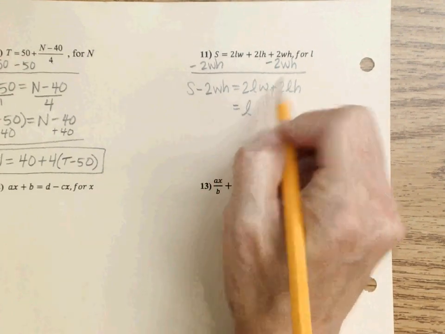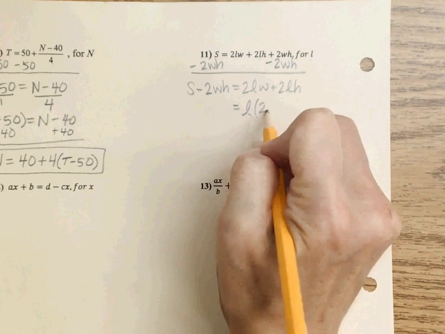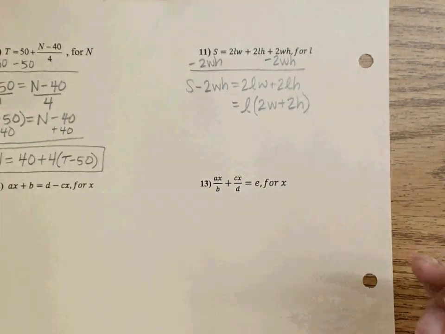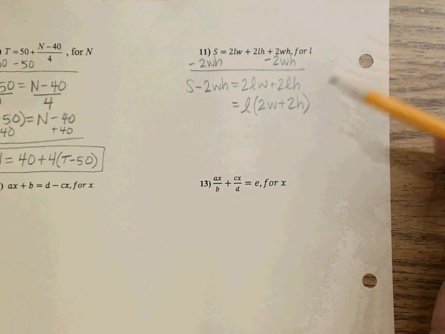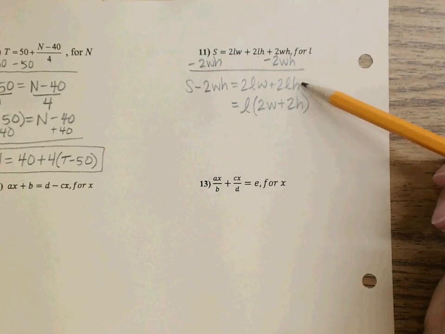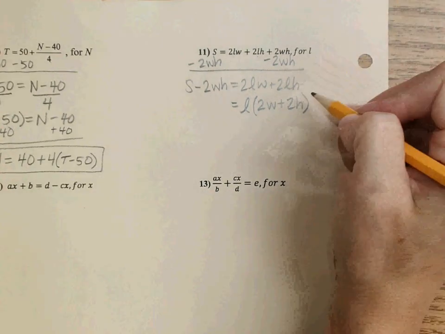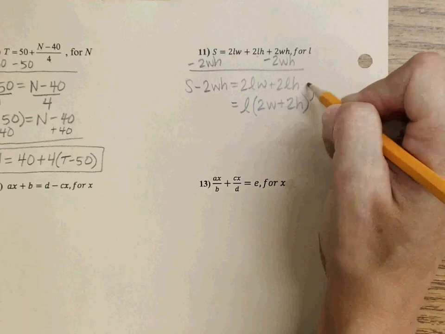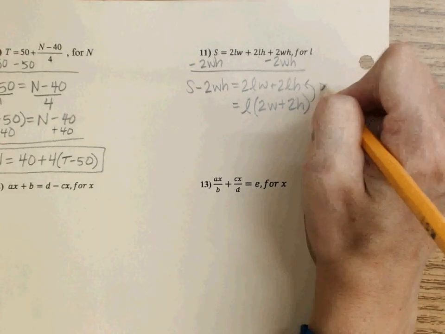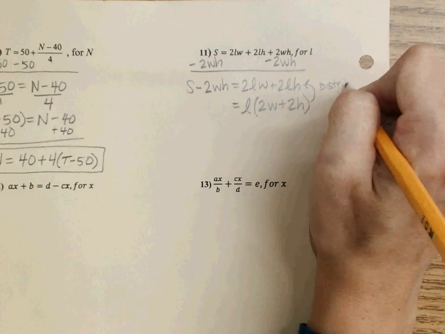So I'm going to pull that L out, and I have 2W plus 2H. Remember I just mentioned distributive property. If I would take that L and distribute it, this is what it would look like. So we can use distributive property just in the opposite direction. I'm just going to write in here distributive property.